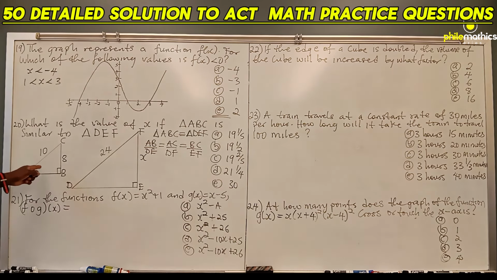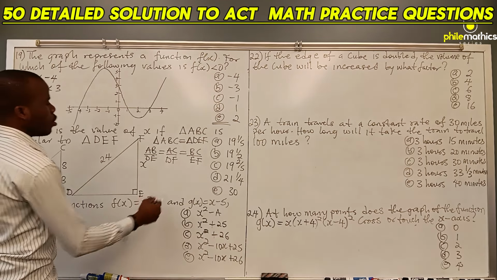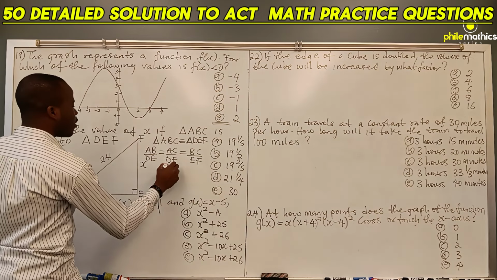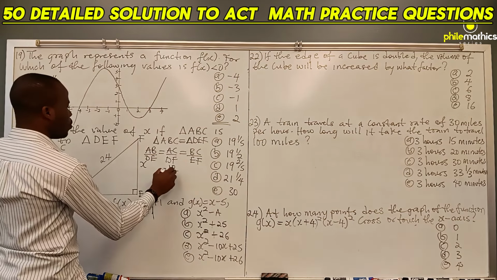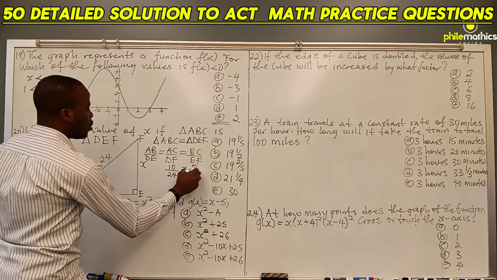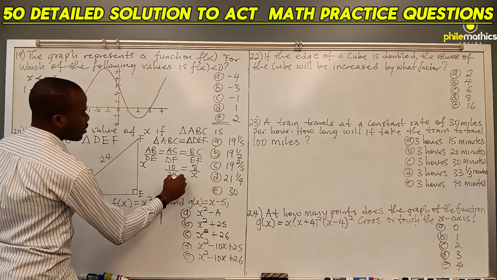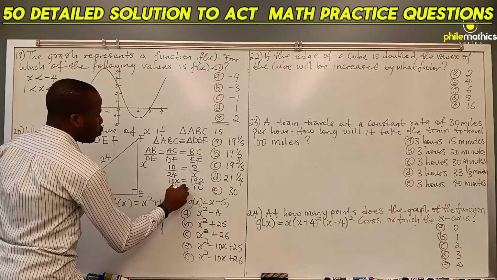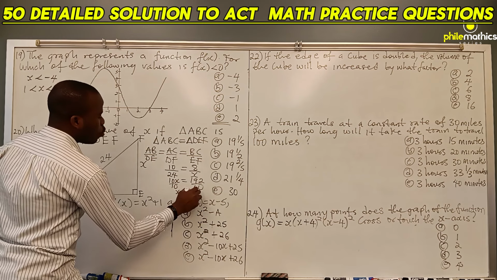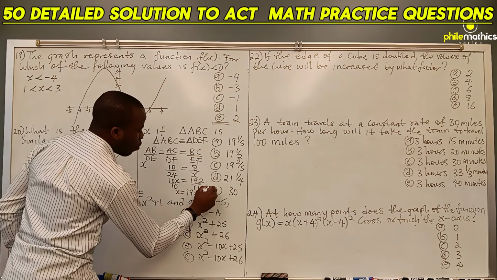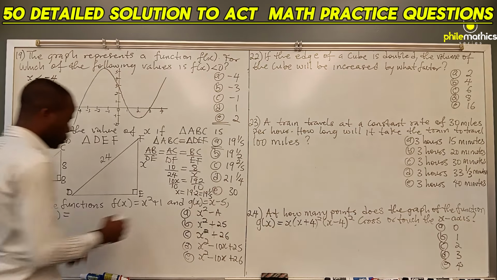But from what we are given, we don't know AB. AC is 10, DF is 24, BC is 8, and EF is what we are looking for, x. If we cross multiply, we'll have 10x equals 192. Divide both sides by 10, x will be 19.2, which is A.